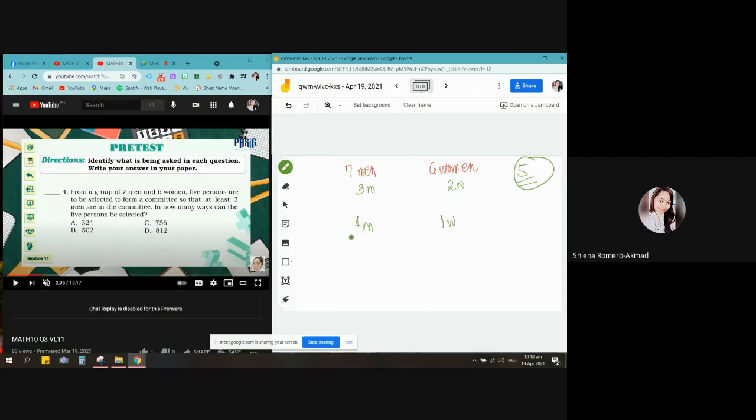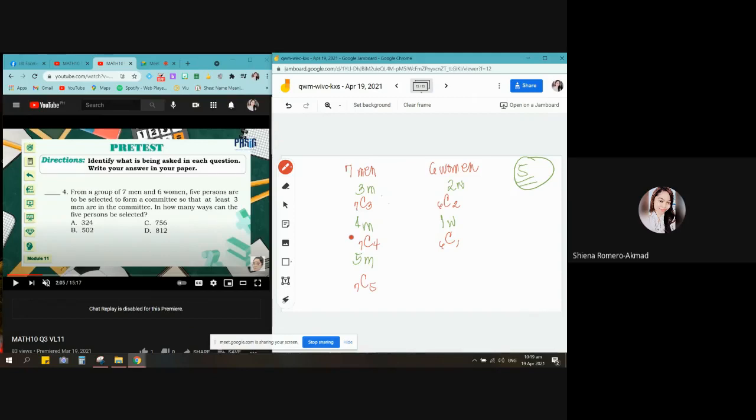Or pwede din naman na lahat men. Okay? So, we represent that. Pag ni-represent natin yan, we'll have combination of 7 taken 3 at a time, combination of 6 taken 2, combination of 7 taken 4, combination of 6 taken 1. And we have combination of 7 taken 5.